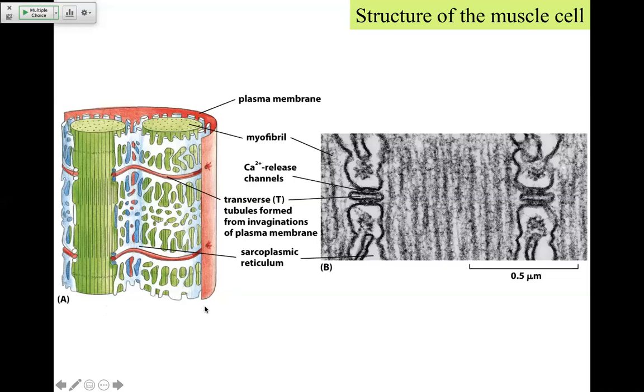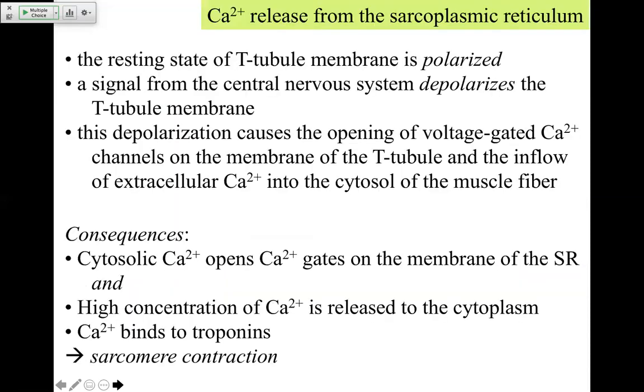So again, thinking about what's going to induce a change in shape of the tropomyosin that's going to allow for contraction. We know it's initiated by a signal from a motor neuron, and a motor neuron interacts with the muscle cell at the plasma membrane. And so the sequence of events is initiated by a depolarization event.